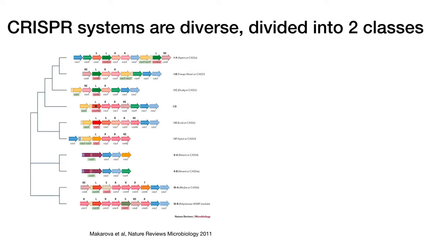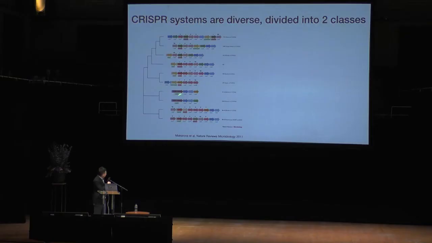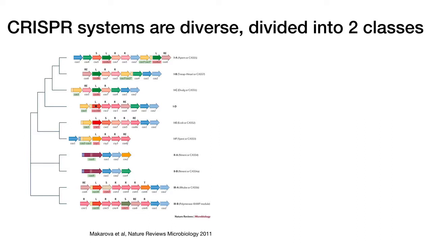In addition to Cas9, which only constitutes a very small portion of the many types of CRISPR systems, there are in fact many other types of CRISPR systems. But the other types that scientists have identified at that time were much more complicated.